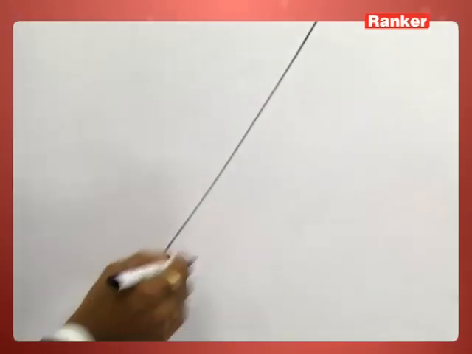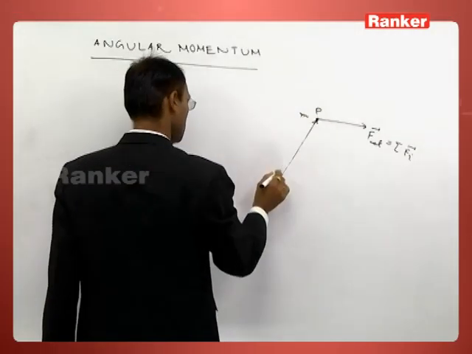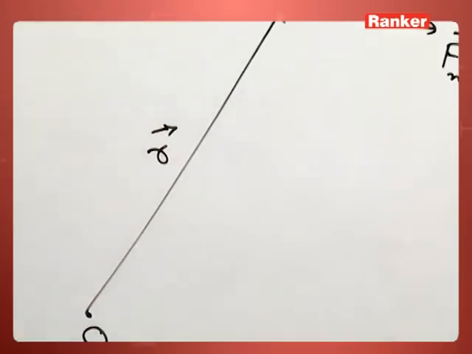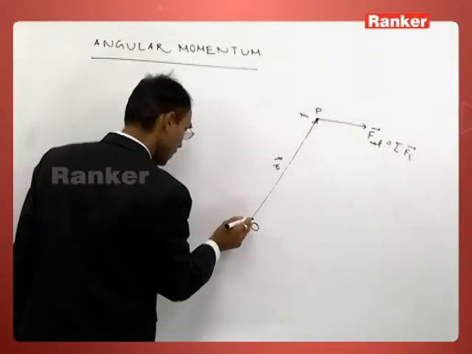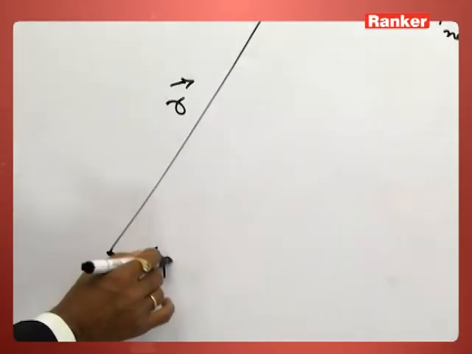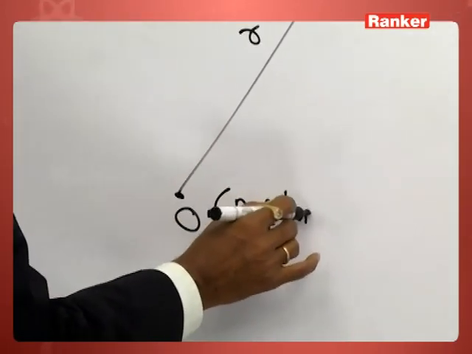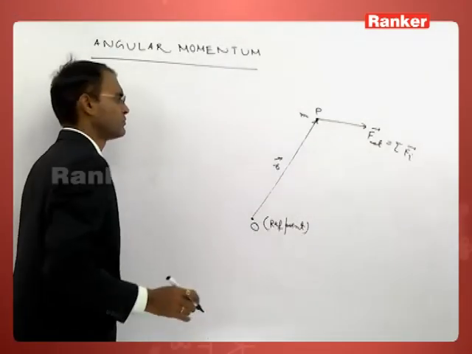This is the reference point. R is the position vector of this point mass with respect to the reference point, about which you are going to calculate the torque.